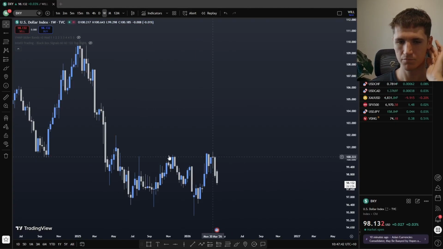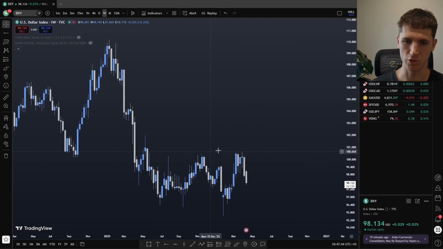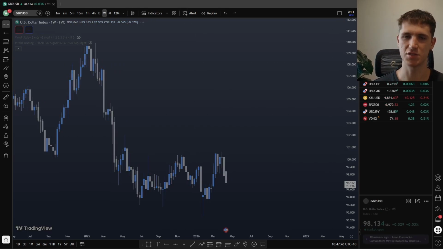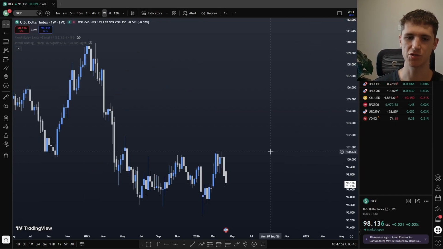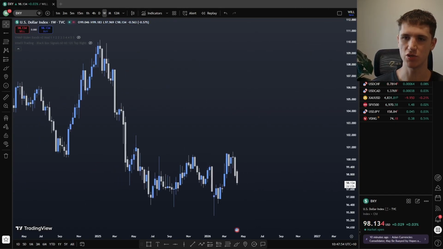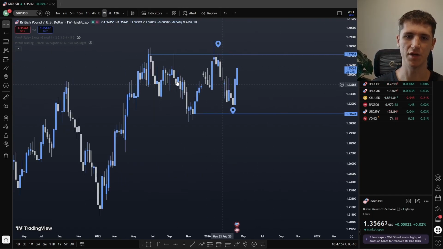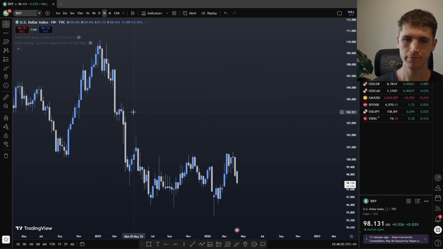There's a lot of uncertainty on the dollar as well, and this is why it's so important to have the DXY. I'm getting slightly sidetracked here, but you can just confirm that. Okay, I've identified a range. It implicates that this asset is quite uncertain on the higher time frames.